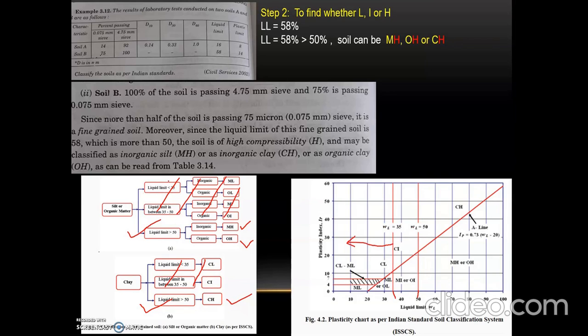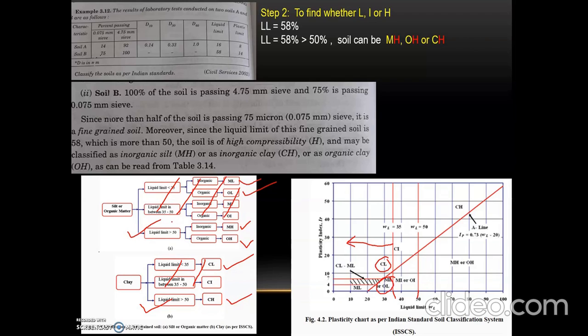Now from these conditions we can see if the liquid limit is less than 35%, it can be either ML, or OL, or CL. That is what can be seen here from the plasticity chart.